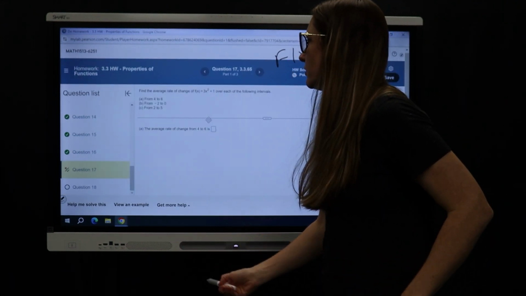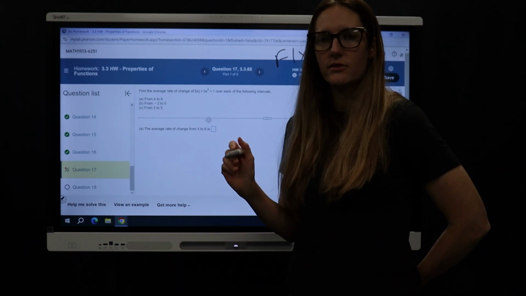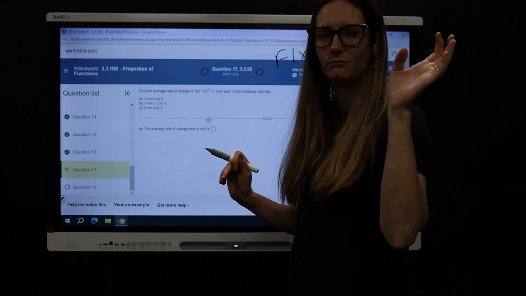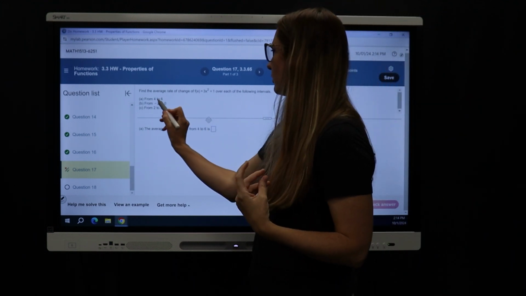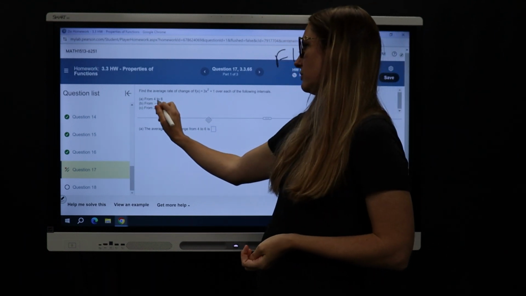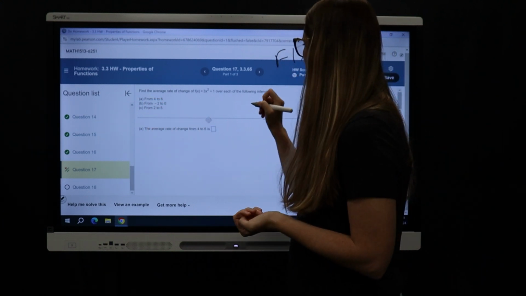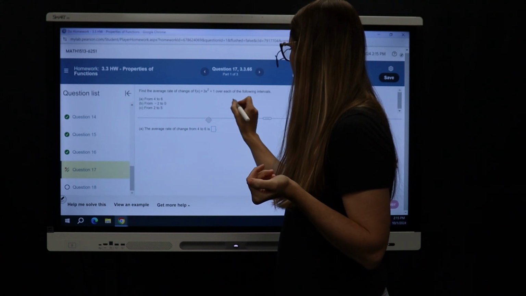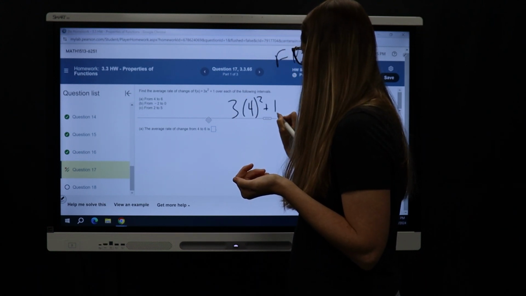Last two problems, we're doing the average rate of change here. So just like when we did slope before, the y2 minus y1 over x2 minus x1, we're going to have to plug in these values into this for our top, and then we're going to have to divide it by the difference of these two. So let's go. We have 3 times 4 squared plus 1.